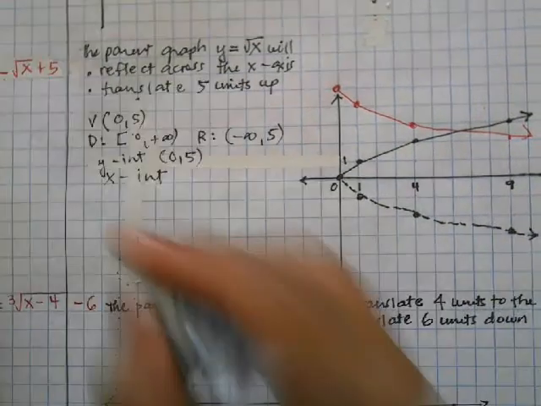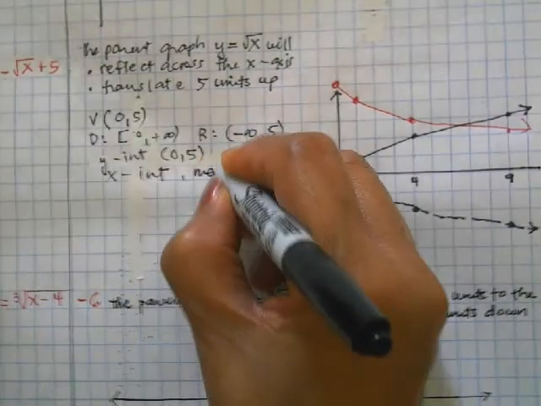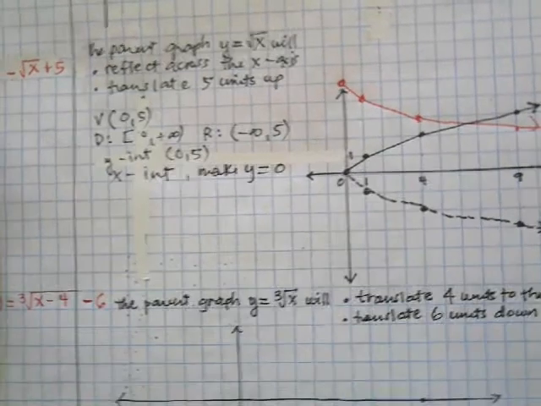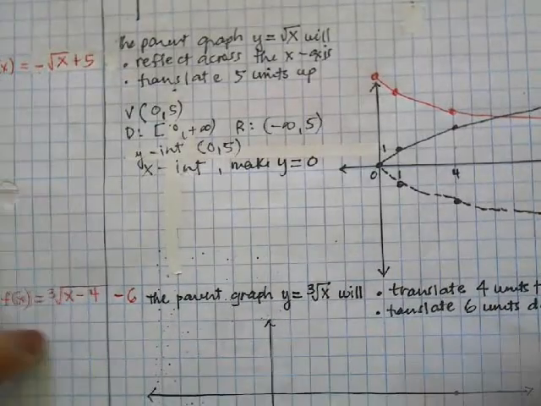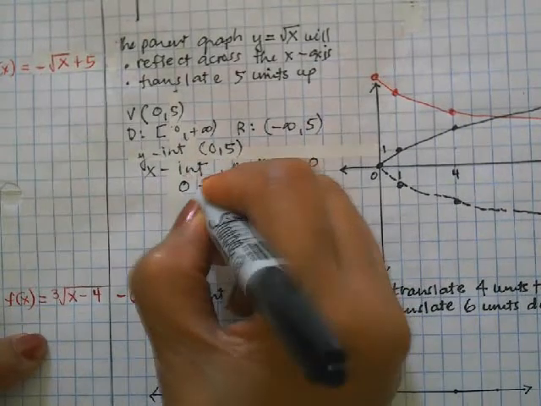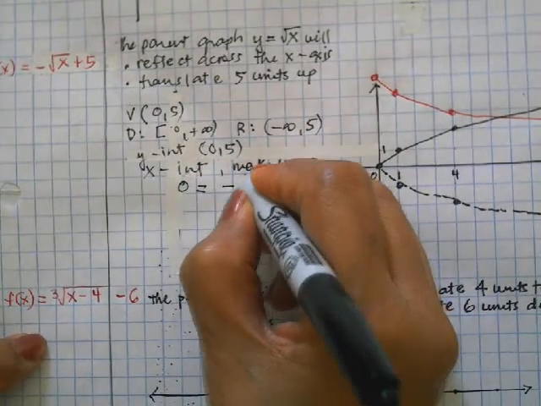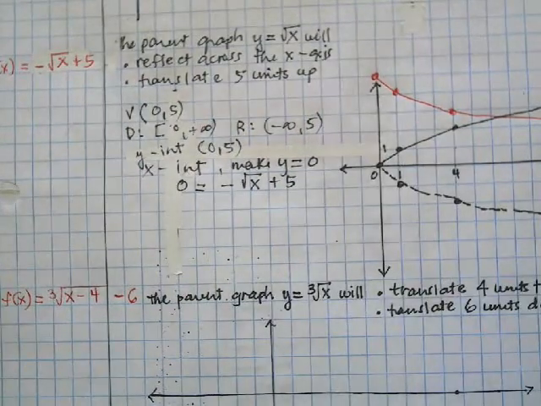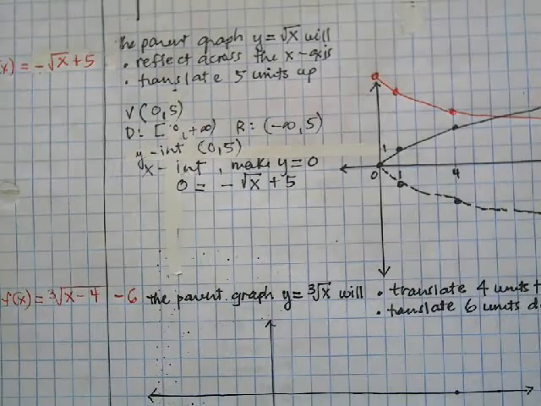To get the x-intercept, you make y zero, or f of x is 0. So 0 is equal to negative square root of x plus 5. In the previous lesson, we learned how to solve equations like this. So let's solve this one.